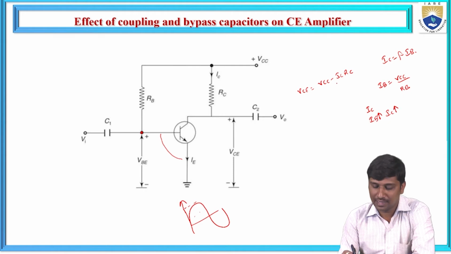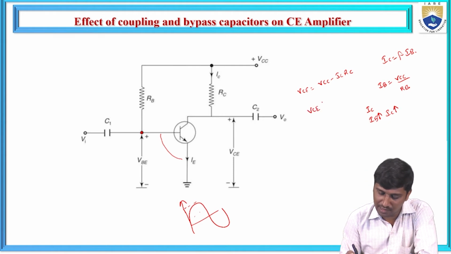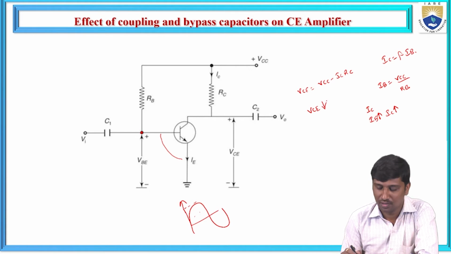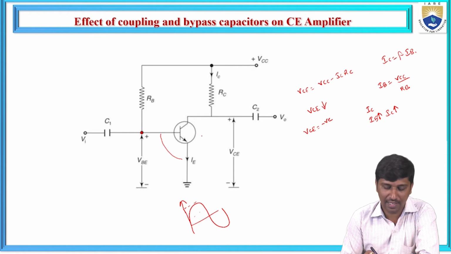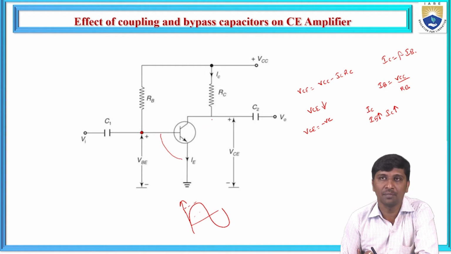If the collector current increases here, VCE reduces. So the VCE becomes very small, approaching negative. Hence, when a positive peak is applied, it produces a negative amplitude at the output side.